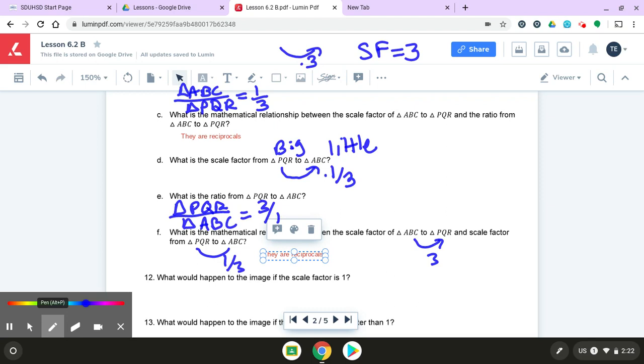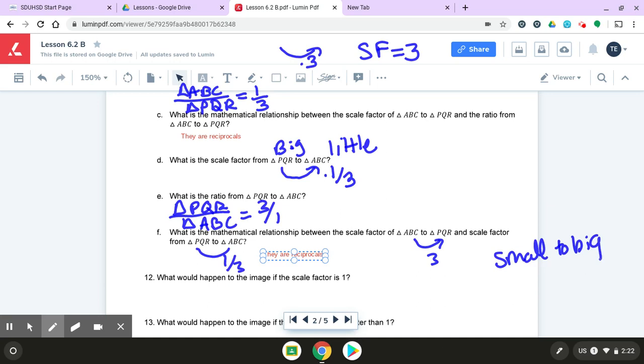What would happen if the image of the scale factor was 1? Well, I know that when I went from small to big, my scale factor, I have to multiply by something that is greater than 1.